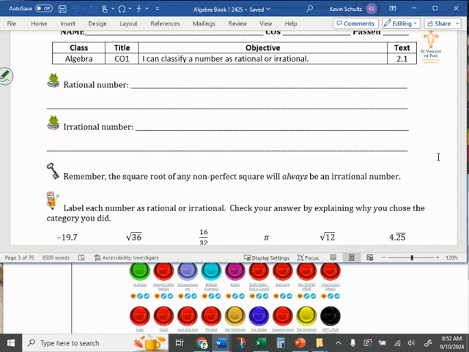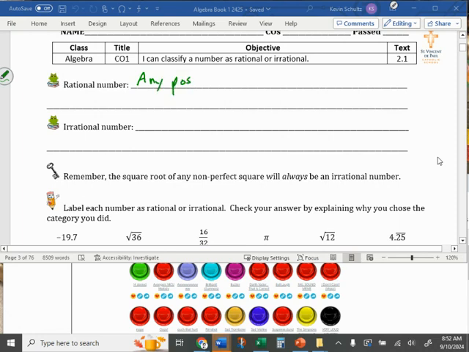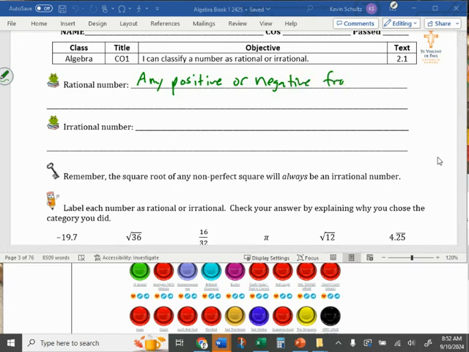So basically, a rational number is any positive or negative fraction, non-decimal, which is where things like whole numbers and integers come into play here, or decimal that ends or repeats. A rational number is any positive or negative fraction, non-decimal, or decimal that ends or repeats.